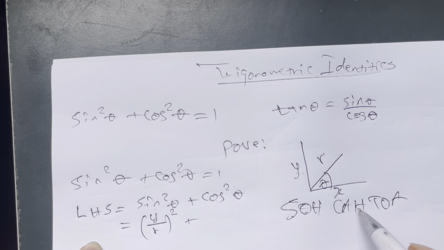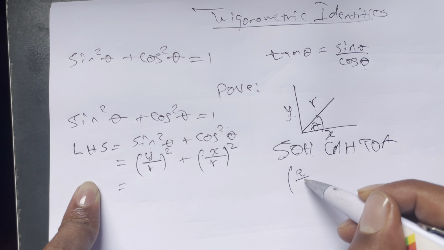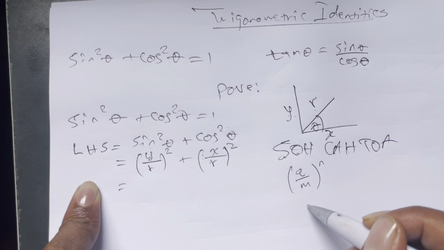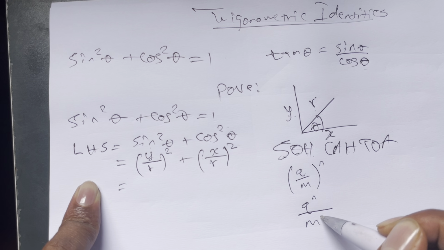Cos is adjacent over hypotenuse. That is adjacent and that's hypotenuse. So it's going to be x over r, all squared. Then you know the rule in mathematics which says that a over m all to the power n could be written as a to the power n over m to the power n.